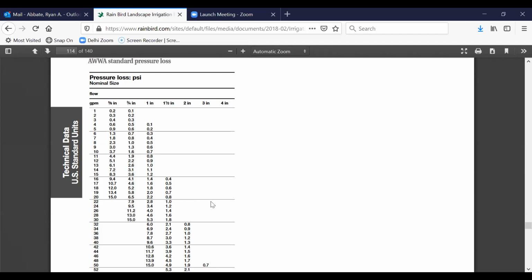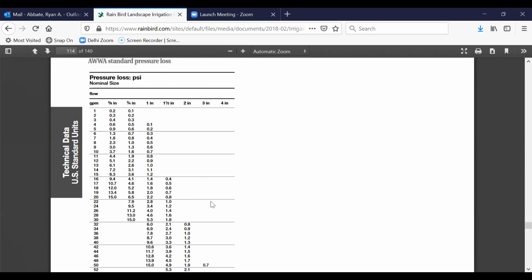So you would take now all those numbers and add them together. So we should have 8.38 plus 0.45 plus 1.8.